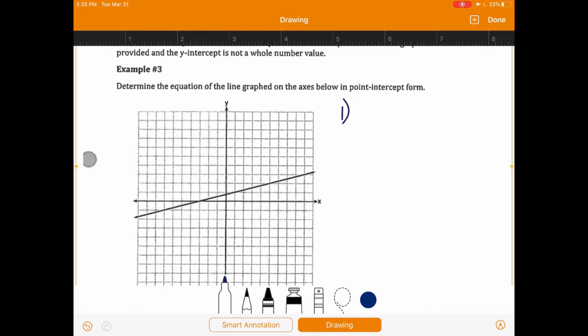Step 1, we're going to pick a point. And then we're going to also find the slope. And then we can do the point slope formula.